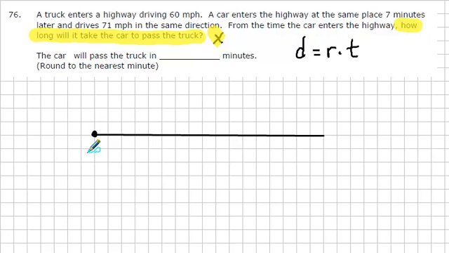On the left, we'll have the entrance, and on the right, we'll have the point at which the car passes the truck. So let's think first of all about the car.